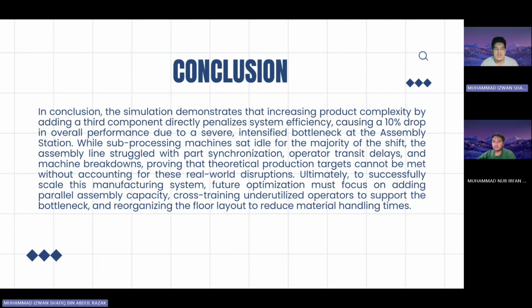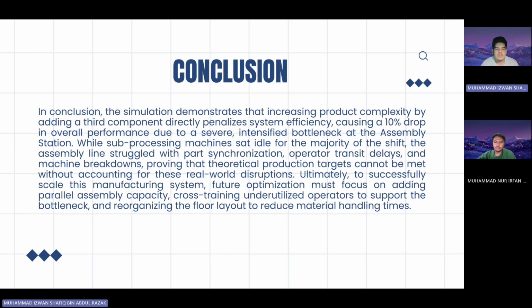The assembly line struggles with part synchronization, operator transit delays, and machine breakdowns, proving that theoretical production targets cannot be met without accounting for these real-world disruptions.